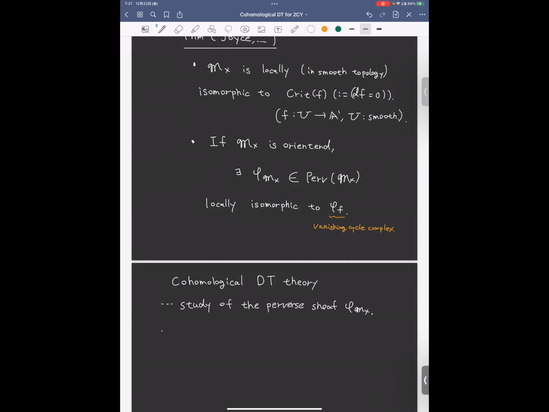And now I want to state the dimensional reduction theorem, which computes the hypercohomology of the above perverse sheaf in a certain situation.